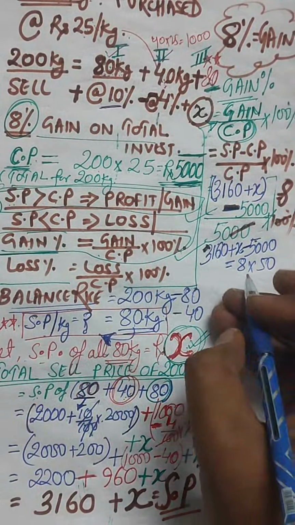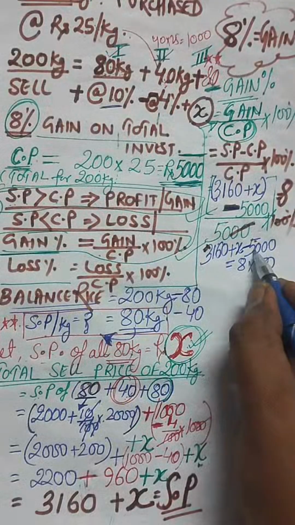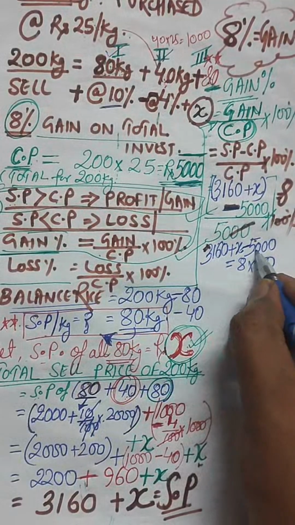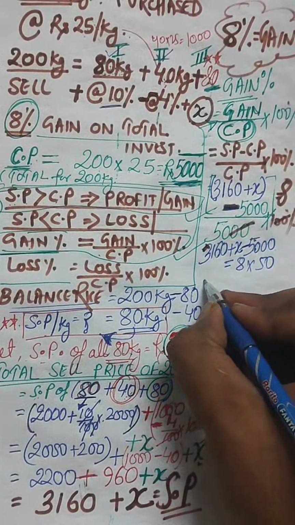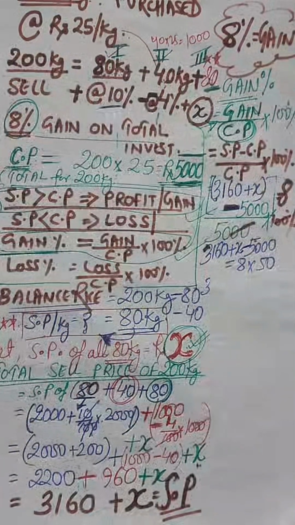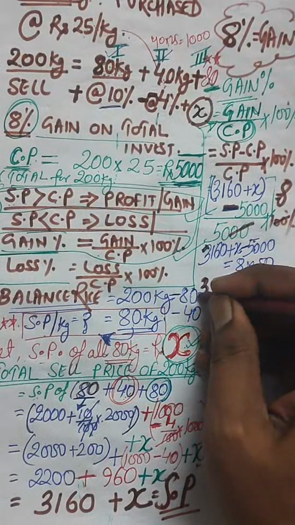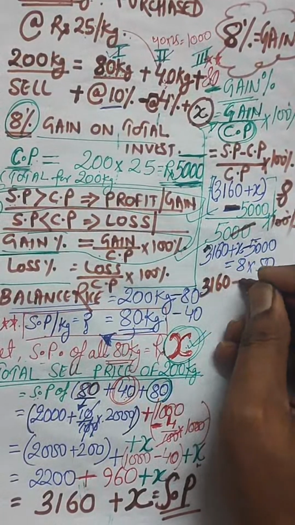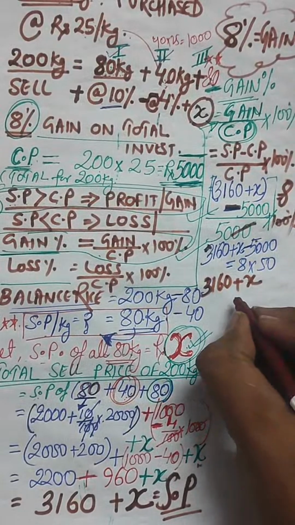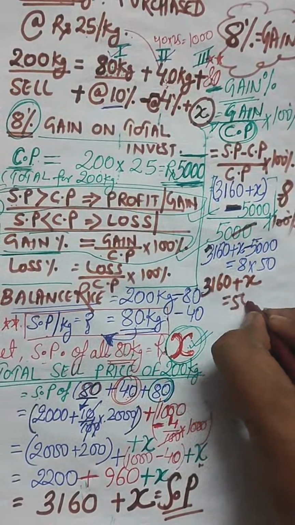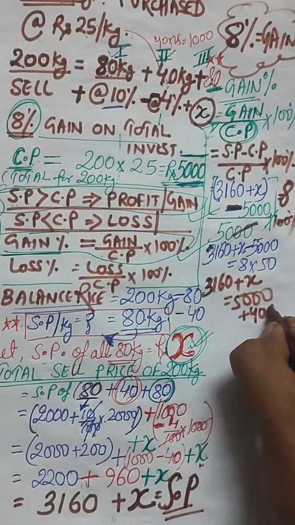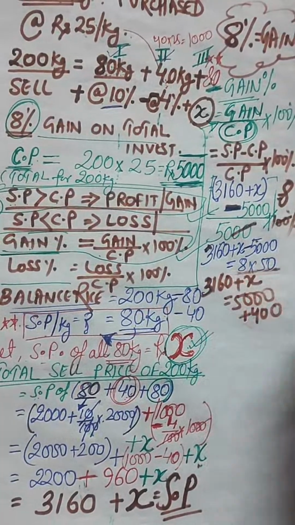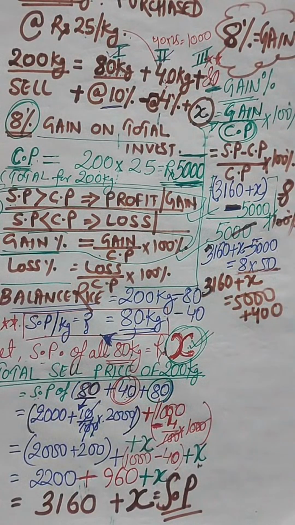Now this 5000 will be going to the RHS, and we have in the LHS 3160 plus X, which will be equal to 5000 plus 400. 8 into 50 is 400, right?